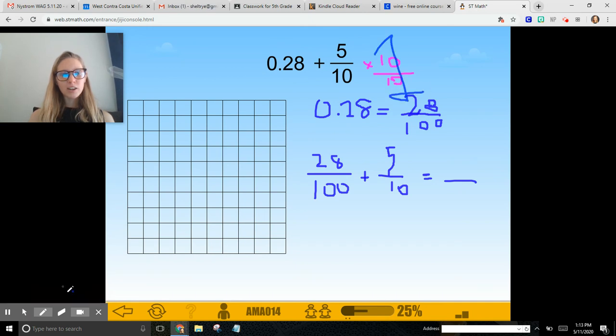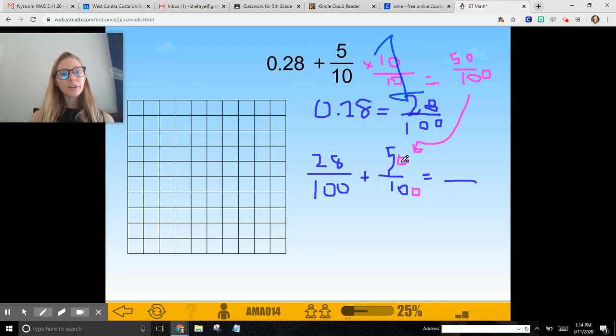So we know that those fractions are still the same. You just have to find equivalent fractions. 5 times 10 gives us 50, and 10 times 10 gives us 100. And this will give me a denominator of 100, so then we can actually add it to 28 hundredths. So we're going to change this to 50 over 100.